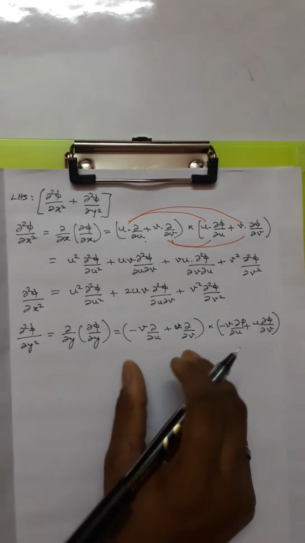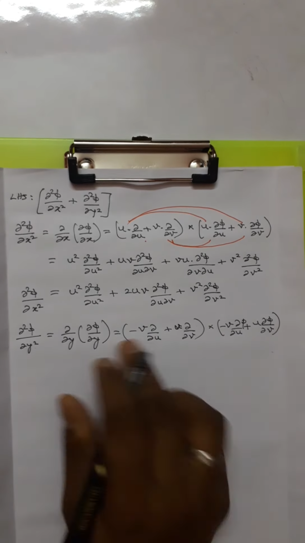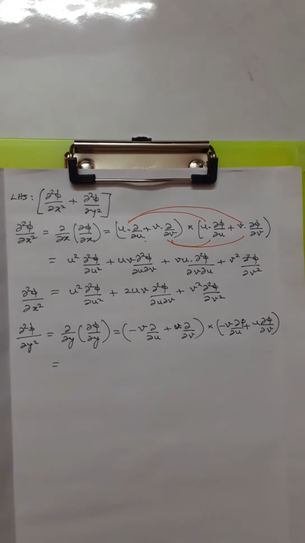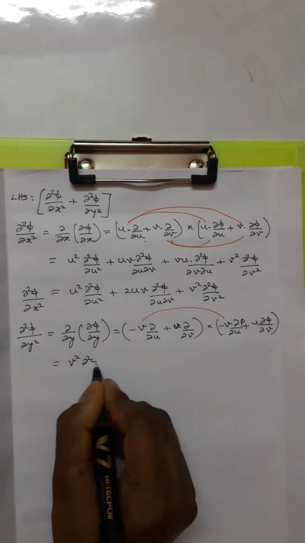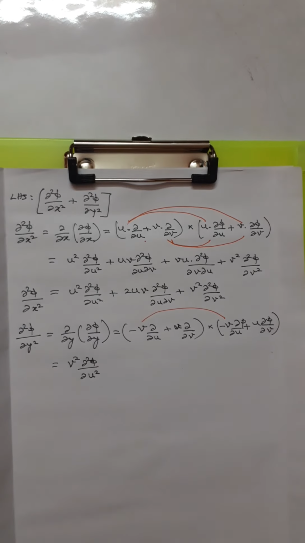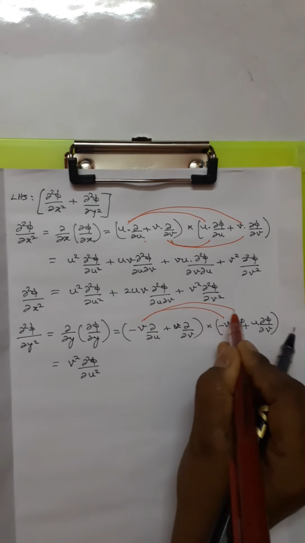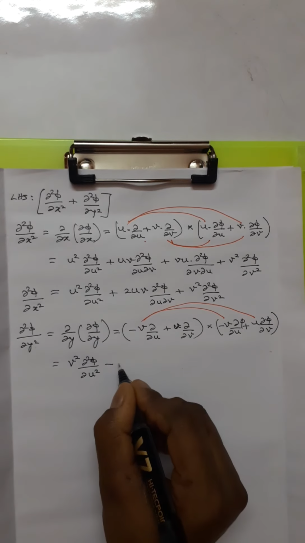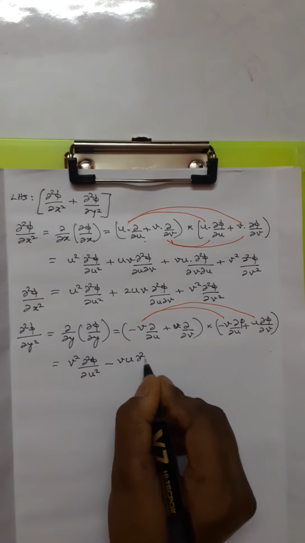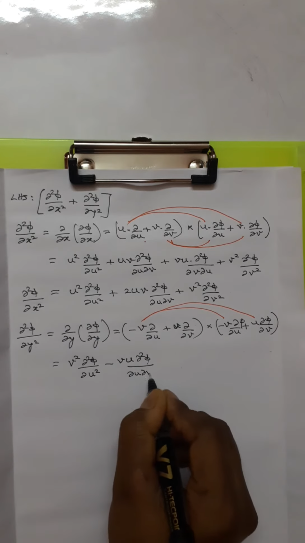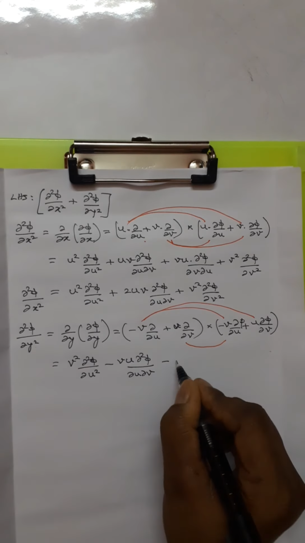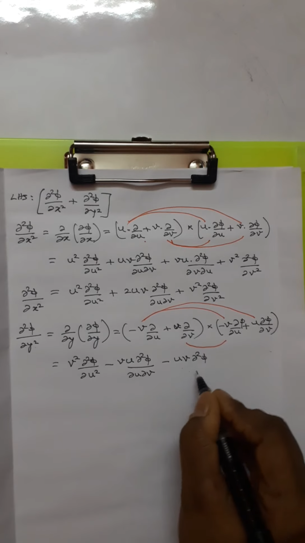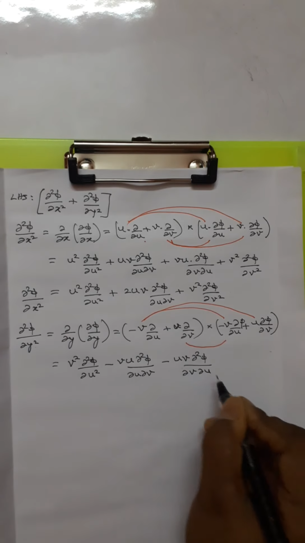So dou by dou y, dou phi by dou y, right? Now multiplying, which is equal to, first this along with this, minus into minus plus, so v square dou square phi by dou u square. Next is this along with this, minus vu dou square phi by dou u dou v. Next is this along with this, minus uv dou square phi by dou v dou u.